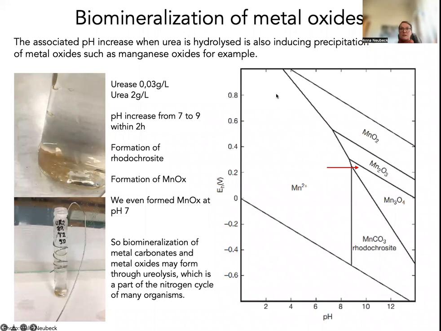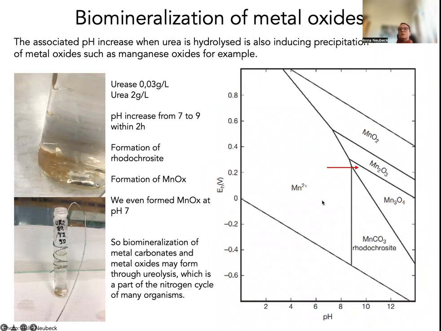If you look at this EH-pH diagram, for example, if you have manganese in the solution in a normal water with EH of 0.2, and you raise the pH, you will inevitably precipitate out oxides of manganese.